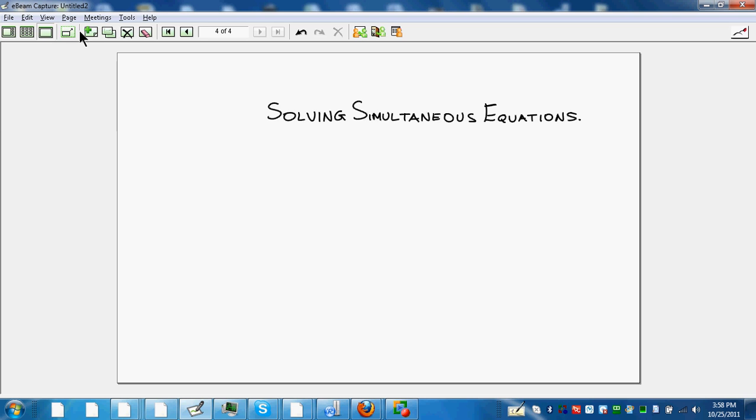Okay, so the heading is solving simultaneous equations. That's the section we have moved on to now.